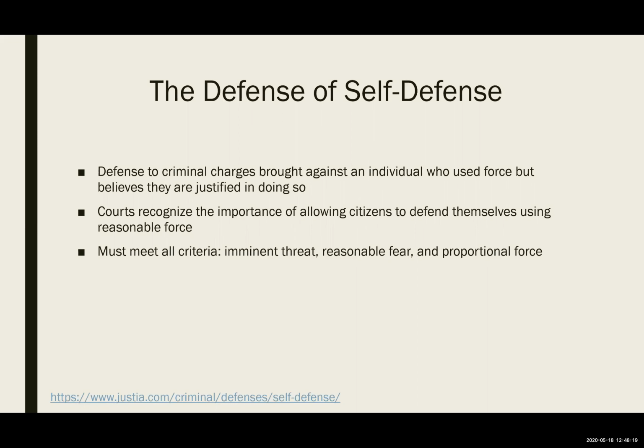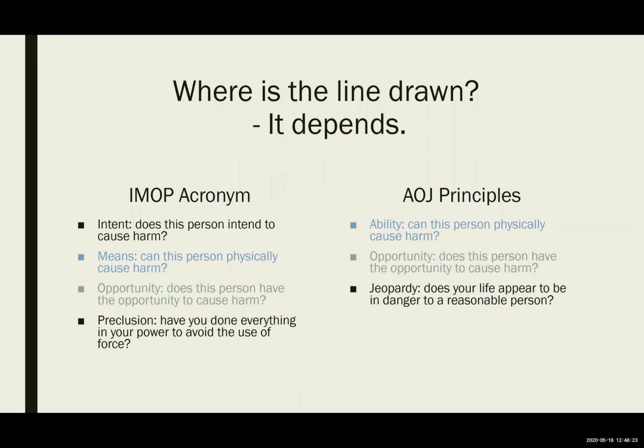So there are a couple tools that we can use to help us with this. Where's the line drawn between self-defense and retribution? I'm gonna give the good lawyer answer. It depends. So these are two acronyms, two sets of principles that can be used to justify self-defense. So IMOP was the original.